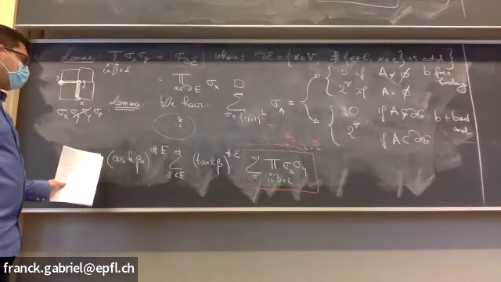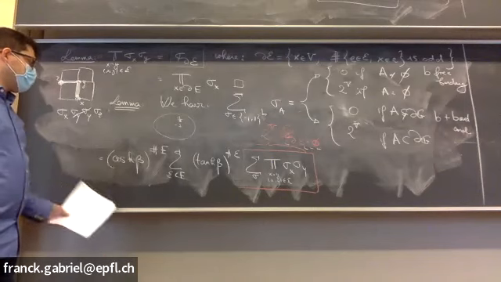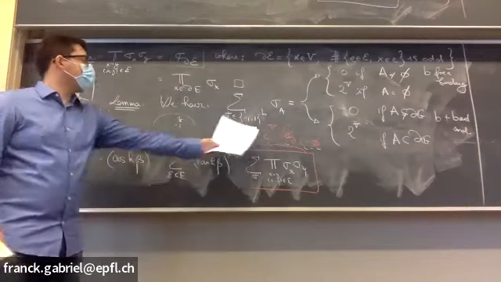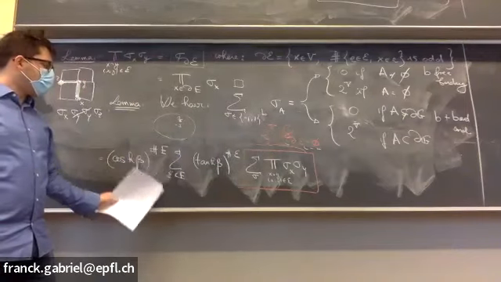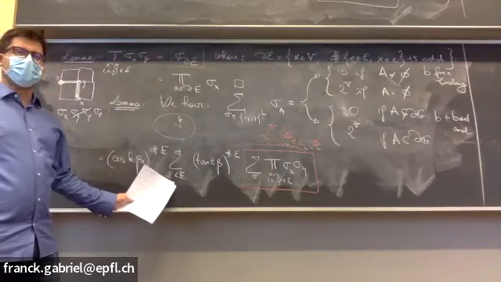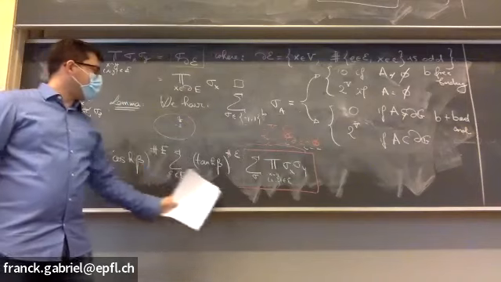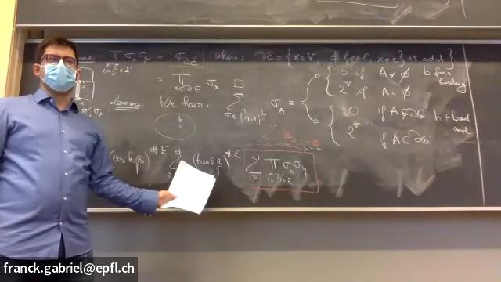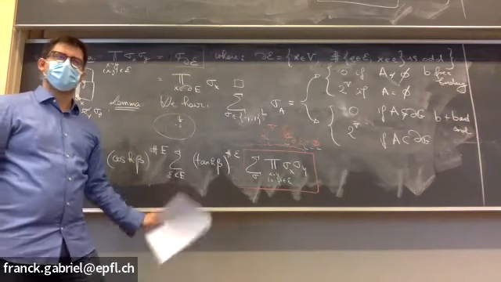I will write it after a little better, but it tells you that the partition function, I can write as something which just depends on the number of edges and the number of vertices. I sum over all the subsets of edges which have no source, and I have a weight which depends on how many edges I have selected.